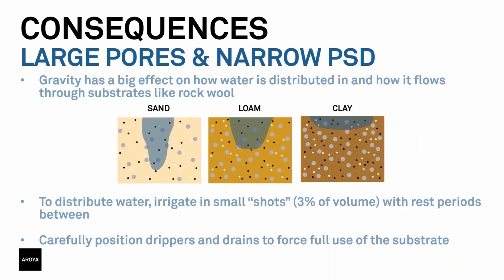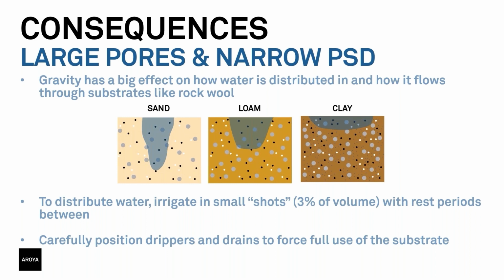Now, another consequence of large pores and narrow pore size distribution of the soilless substrates is the way water flows in them. Rock wool is the extreme member, but all the substrates used in controlled environments have these limitations.